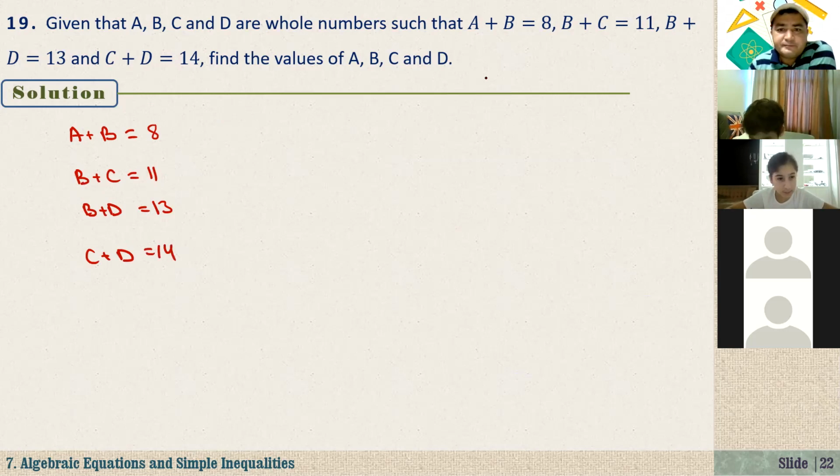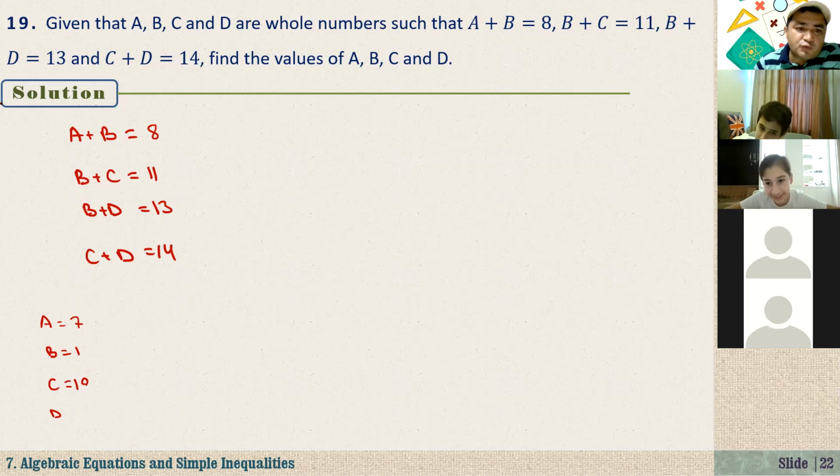What is your A? My A is 7. A is 7, and B is 1, because if A is 7, your B must be 1. If B is 1, C must be 10. Yes. And if B is 1, D must be 12. No, that's wrong then. Anyway, Rahim, let's do this together.